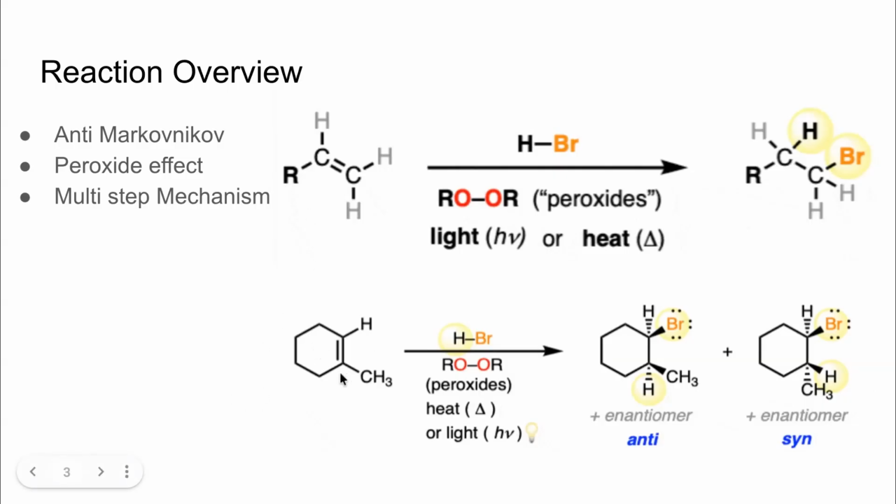And here's just another general example of it, but in a cyclic structure. So again, the bromine will add to the least substituted carbon in the alkene, and the hydrogen will add to the most substituted. And there's no stereochemistry in this reaction, so it adds 50-50 of both the anti and the syn enantiomers.